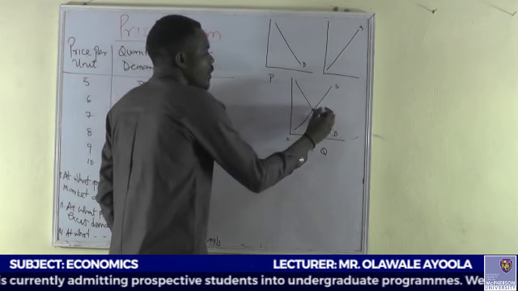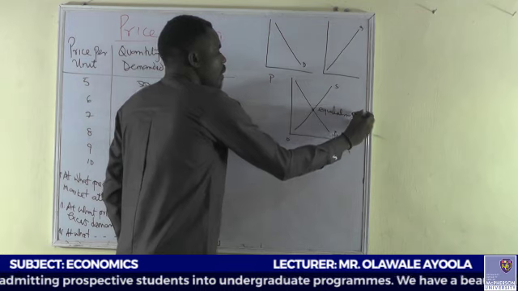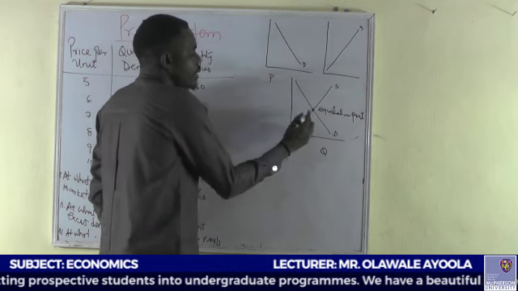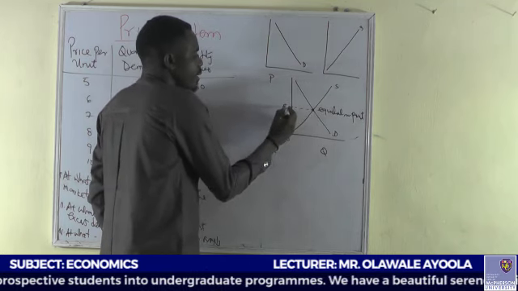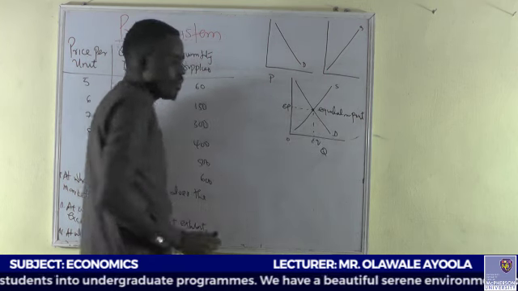That point is called the equilibrium point. At the equilibrium point, we obtain the equilibrium price and equilibrium quantity.